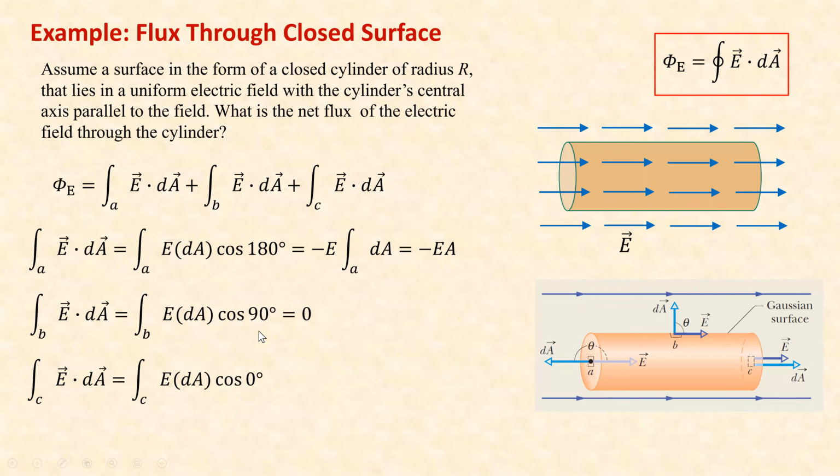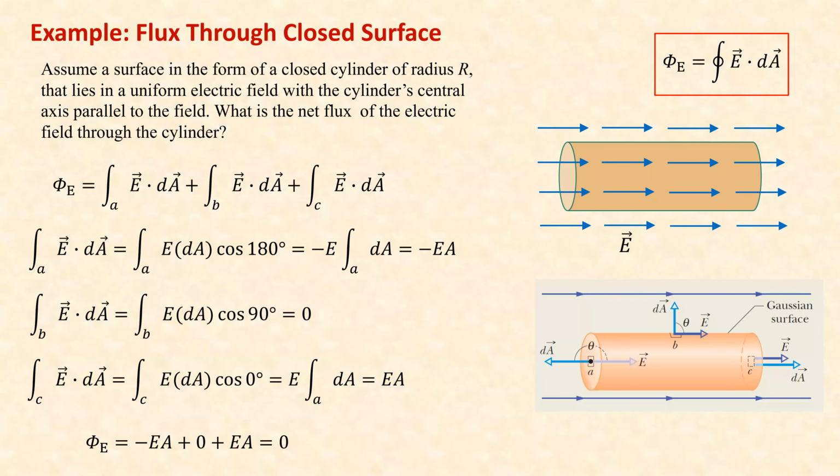So you see that cosine 0 is 1, and E comes out, and integral of dA becomes A again, so it becomes E times A. And then if you add all these 3, you get the total flux is -EA plus 0 plus EA, which is total 0. So it is 0 because every electric field that goes into this, it comes out on the other side.